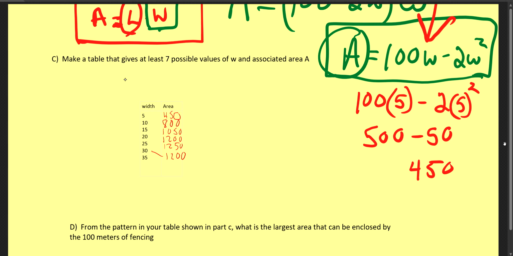And 35 is 1,050. All right, those are filled in.